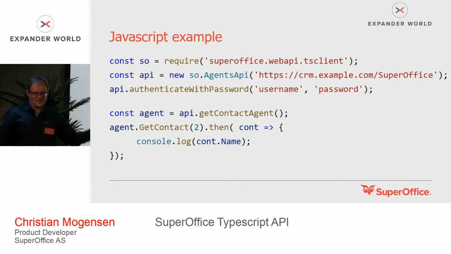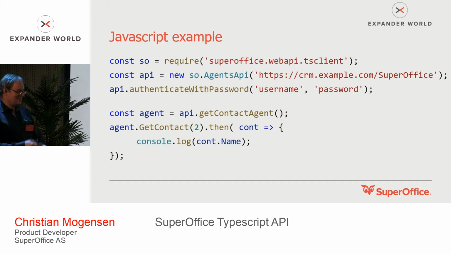Because the typing information is included for the TypeScript files, Visual Studio Code will still pick them up and infer as much as it can from the typings, the type information that TypeScript leaves lying around. It goes, oh, you have a contact agent, then you will have these things on it.